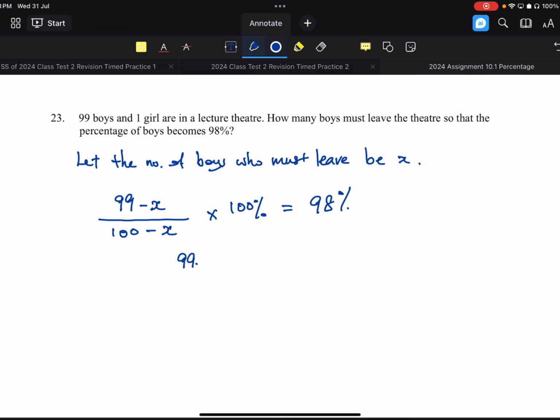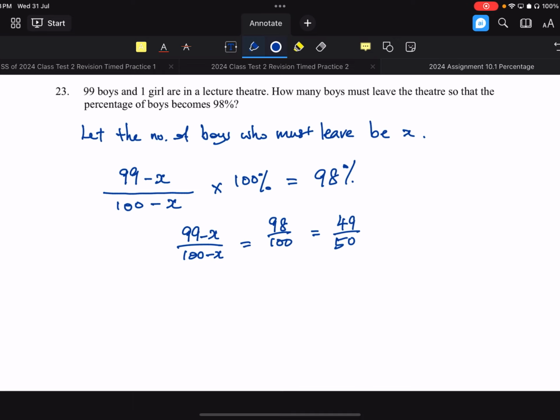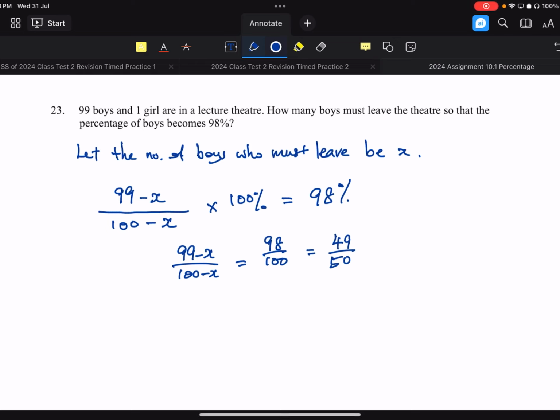So from here, 99 minus X over 100 minus X is equals to 98 over 100, which is equals to 49 over 50. So using our algebra skills, now 50 multiplied by 99 minus X equals to 49 times 100 minus X.